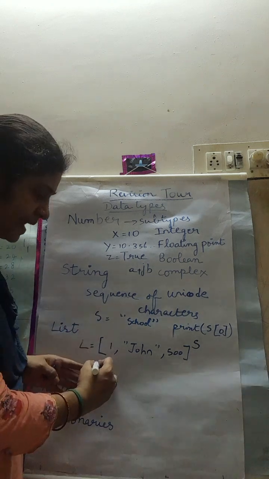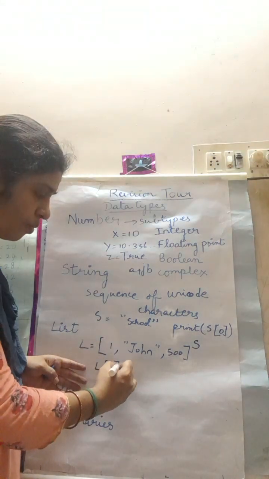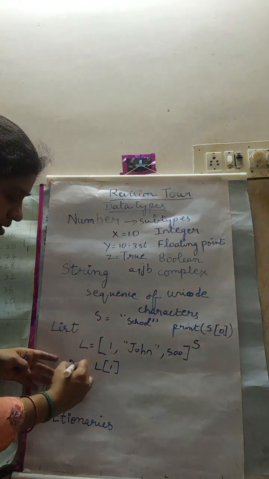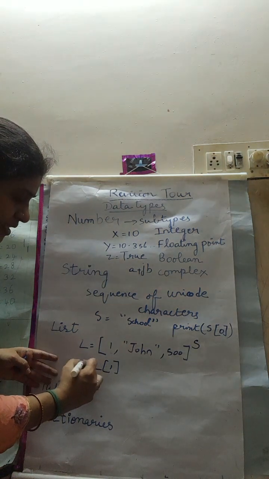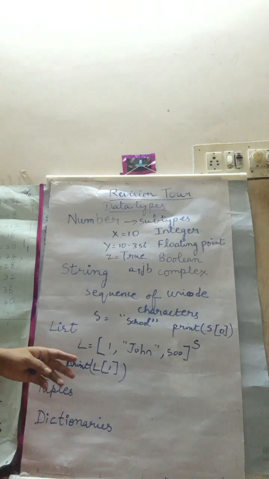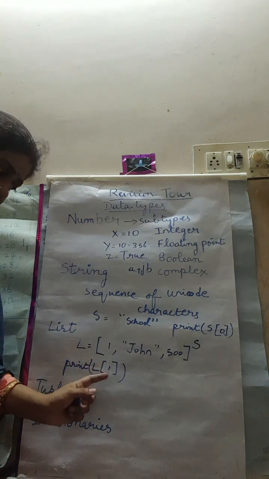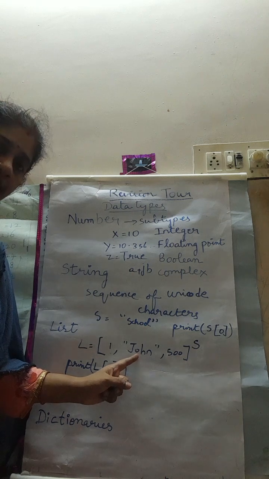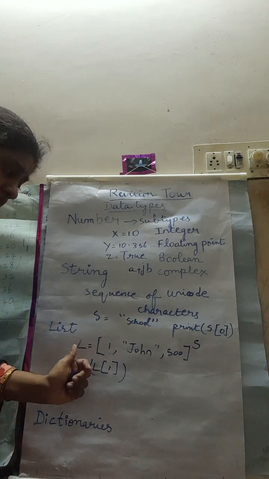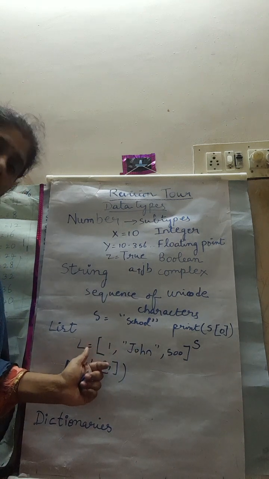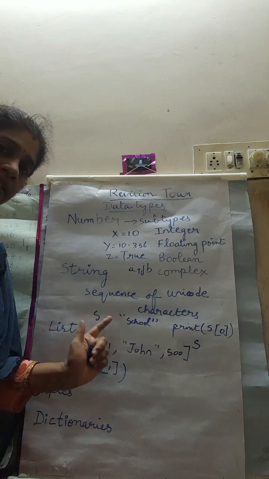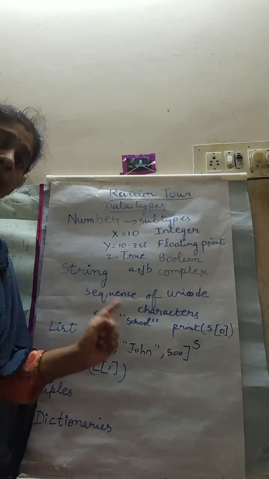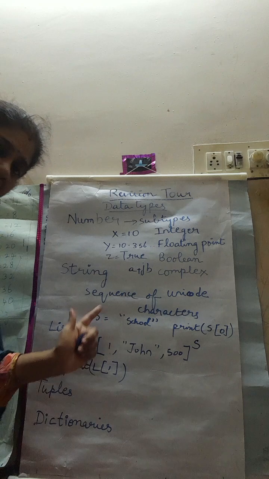Suppose I write print L of 1, the index 1, it will return the answer John. You have to remember that a list is mutable, that is, modifiable.